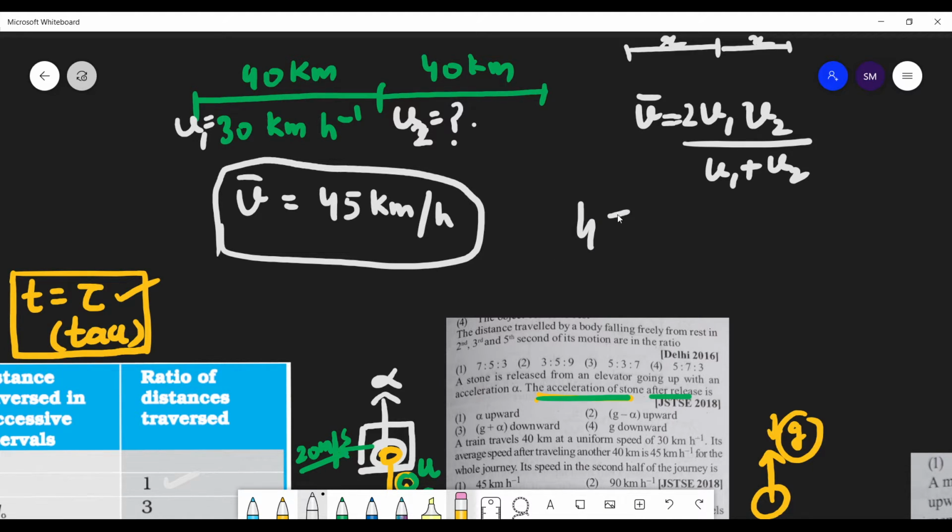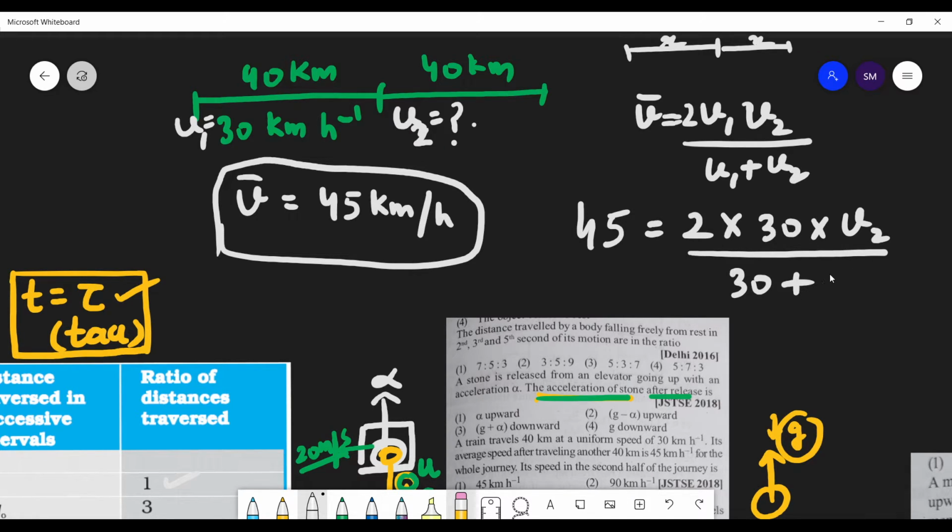So what will be the equation? 45 equals 2 into v1, that is 30, into v2, divided by v1, that is 30, plus v2. Solve this equation. So what is the answer, students?